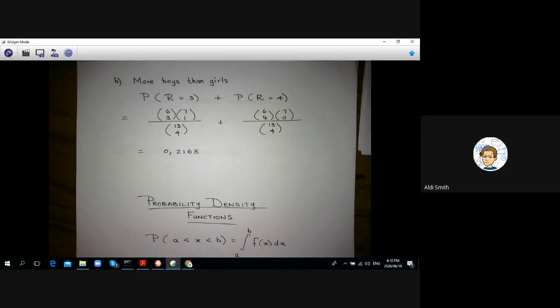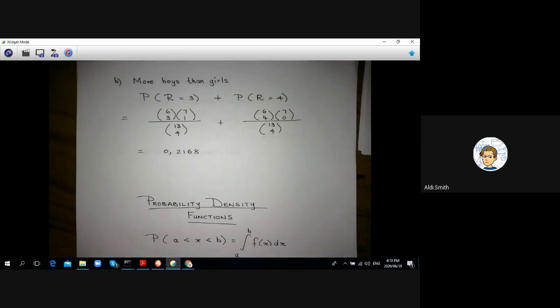But the hypergeometric one, we don't really have calculations there for calculating expected value and calculating the variance. So don't worry about expected value and variance over here. You do have to worry about it in your probability mass functions, your general ones, the algebraic ones that I spoke about last week, and the binomial ones. Okay, so that's pretty much your probability mass functions.